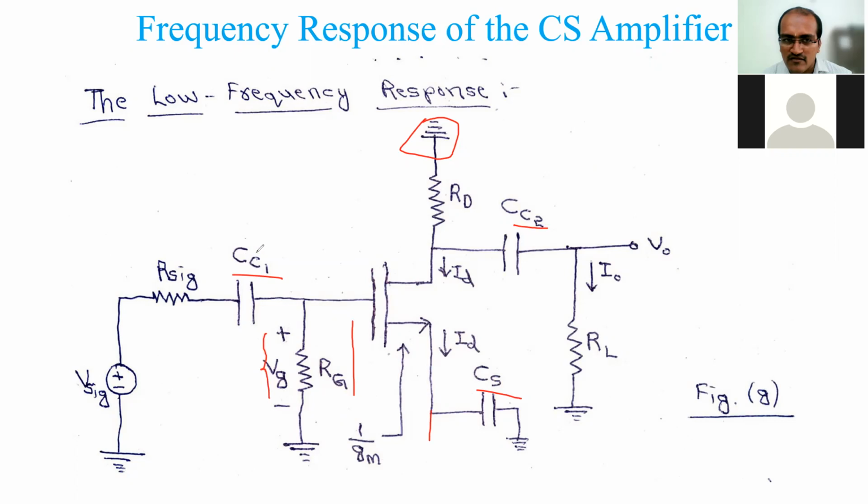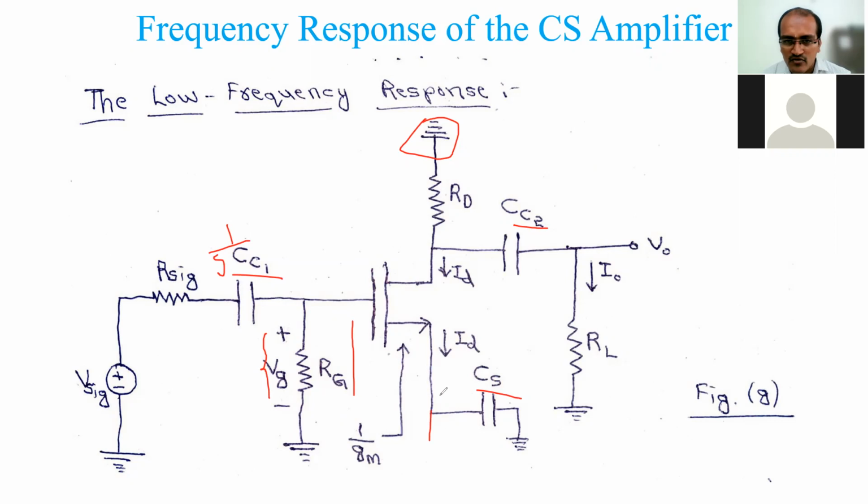The Laplace form of a capacitor is 1 by SCC1. I am not writing it, but in the equation I will consider it directly. Earlier it was not there, and we directly used RG by RG plus R signal into V signal. Now along with that, you have to consider this capacitor, and that's how the equation changes.